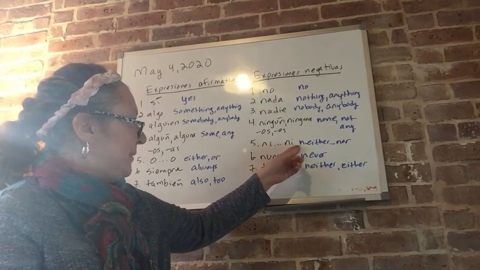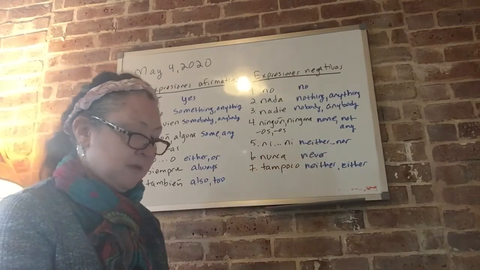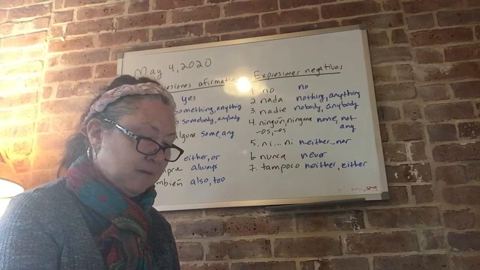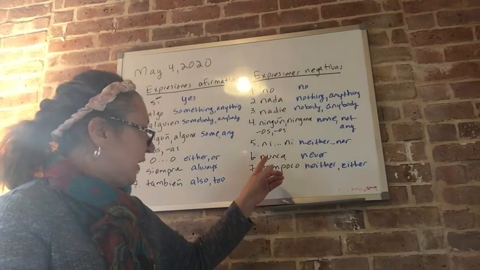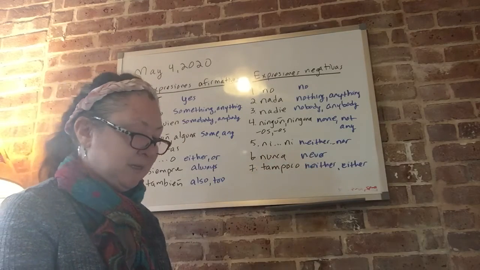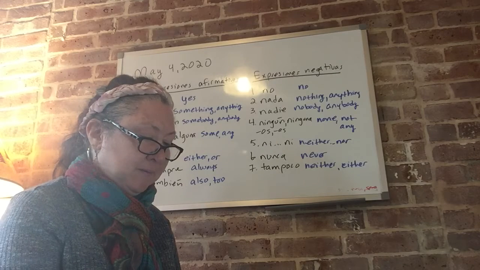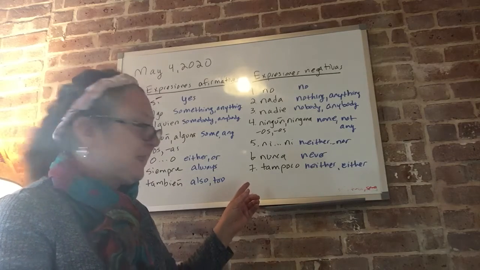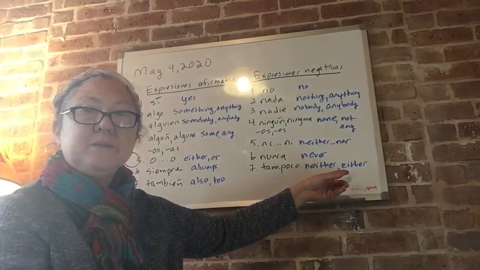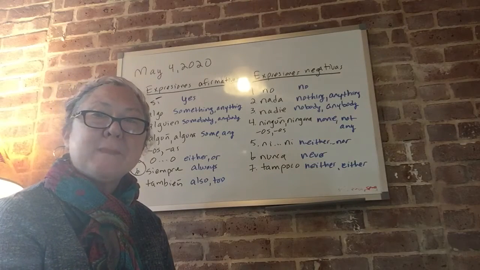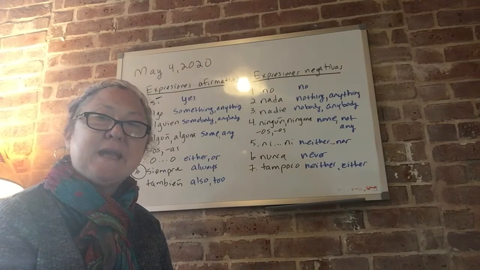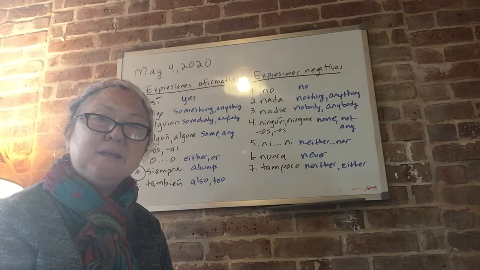Ni, ni mean neither, nor. Nunca means never. And tampoco means neither or either. So if you need to pause the video and write this down, please do that.